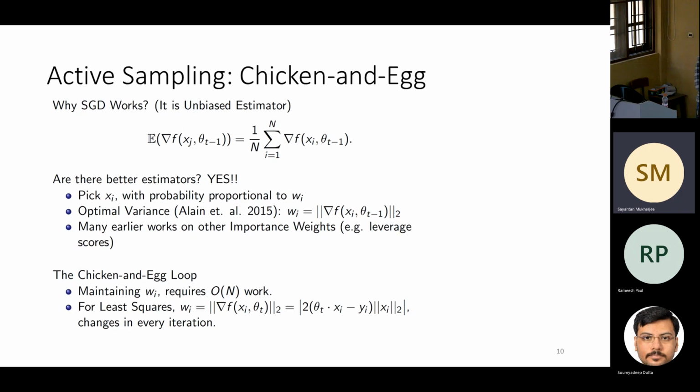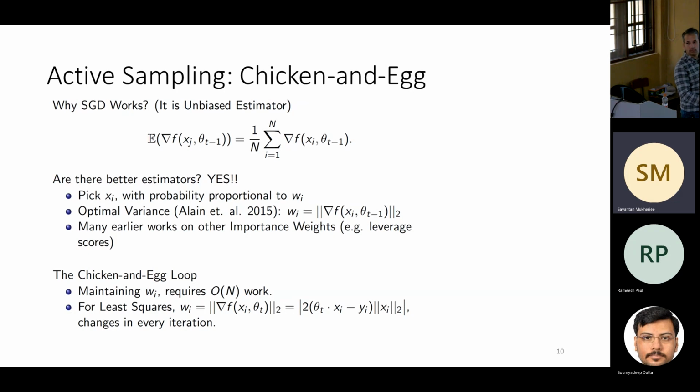Now, if you look at the literature, you can always ask, well, random sampling, can we do better? Of course we can do better. There are plenty of papers, and if you are following some works on randomized linear algebra, leverage scores, if you have heard all these, people are saying, okay, why don't you pick a sample with a weight, a weight for xi.